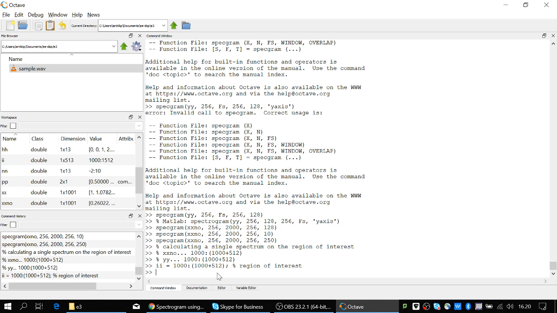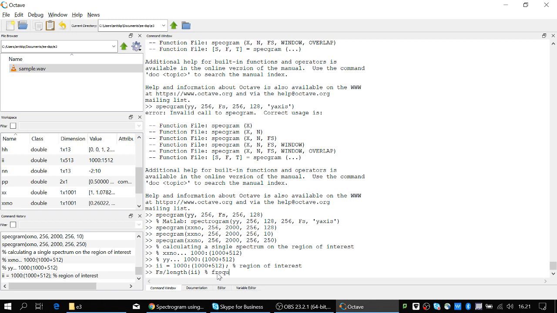With this one, the corresponding frequency resolution would be sampling rate divided by the length of the I. So this is the frequency resolution on the product.